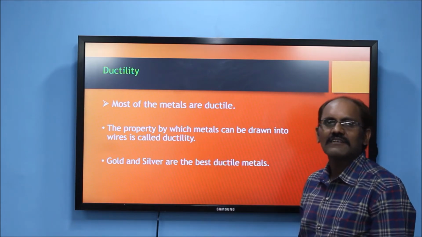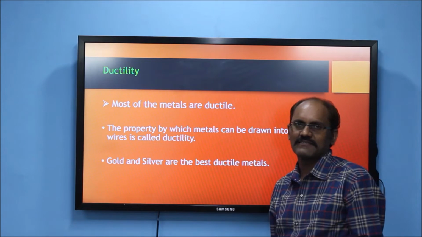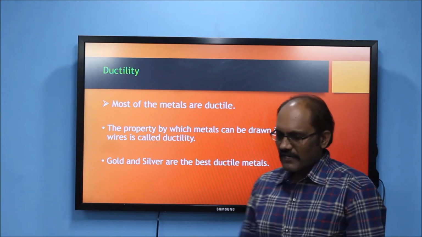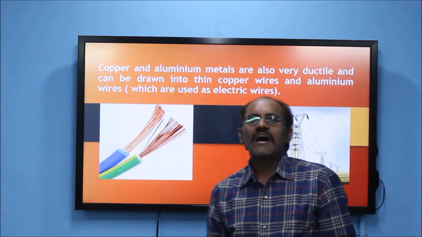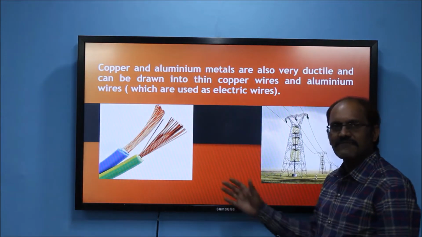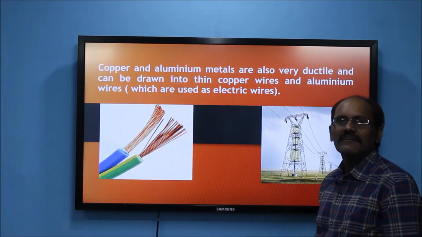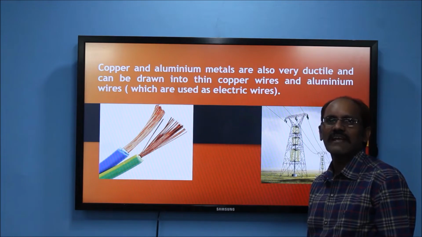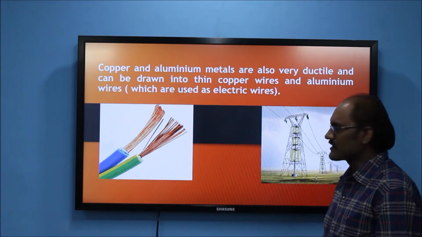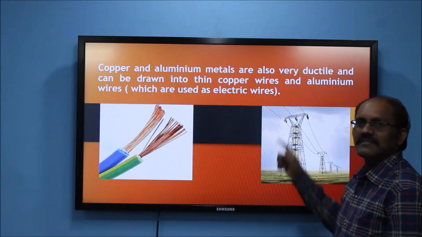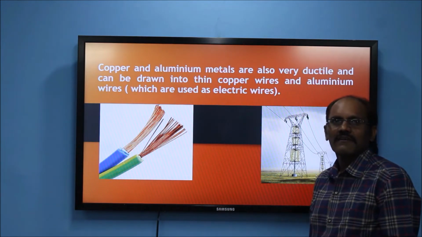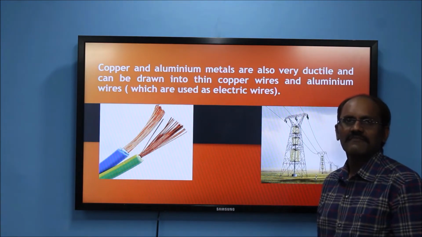Gold and silver are the best ductile metals. Copper and aluminium are also highly ductile metals. That is why copper metal is used for making electrical wires, and also aluminium is used for making electrical transmission wires.